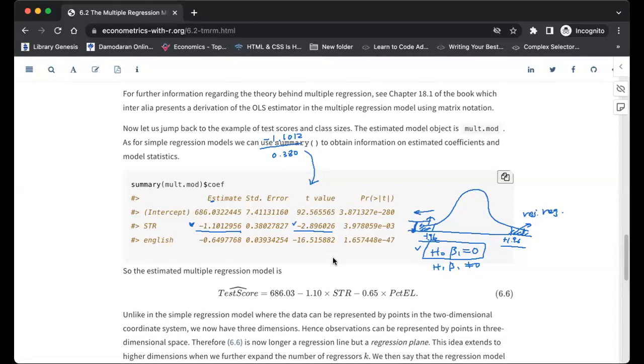That's why we have a very small p-value, which means the student teacher ratio is highly associated with the score, and the negative sign means a negative relationship.